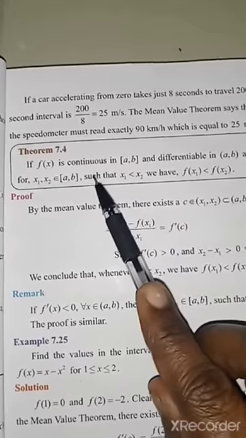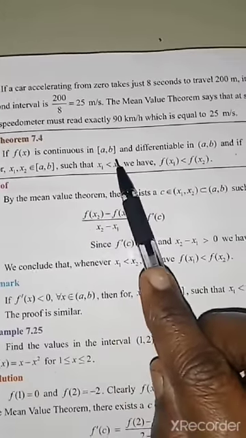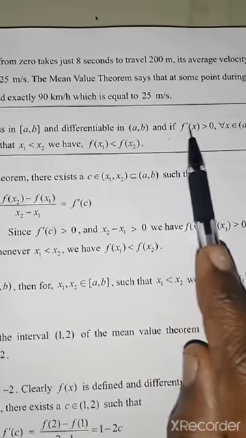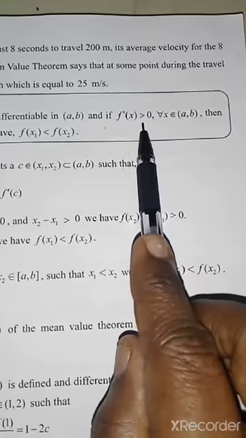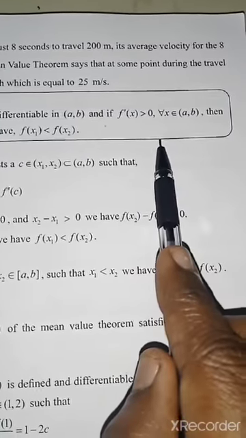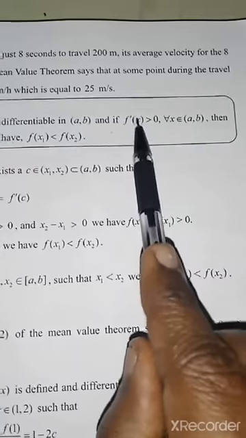And this is one theorem. If f is continuous in AB and differentiable in the interval AB, and if f dash of x is greater than 0, we take the same two points and a point between them. What does f dash of x become? Greater than 0.